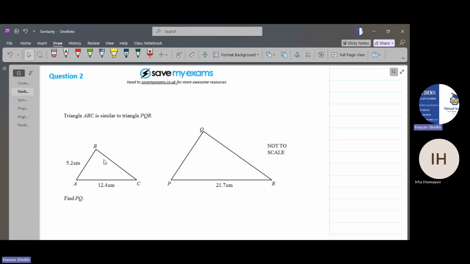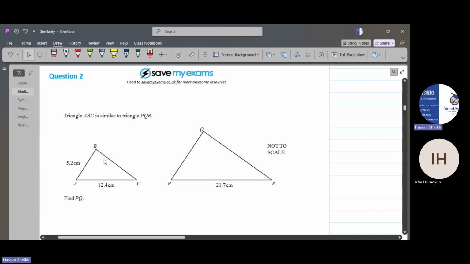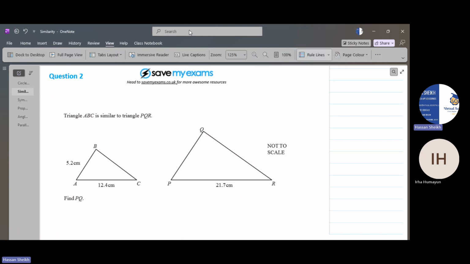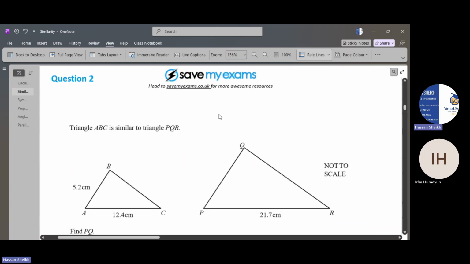One thing I need to mention here, Ira, is that always remember that in mathematics, the solution always lies in the question. It's always hidden in the question. You just need to read out the statement correctly. If you read the statement in a wrong way, obviously you will not reach the correct solution. So, question number two, triangle ABC is similar to triangle PQR.